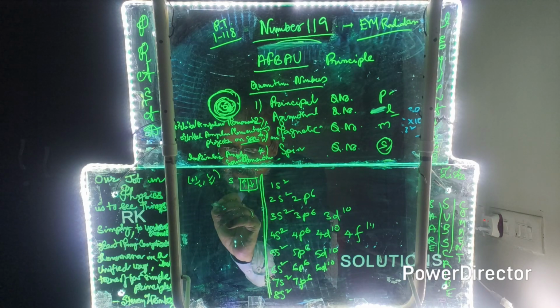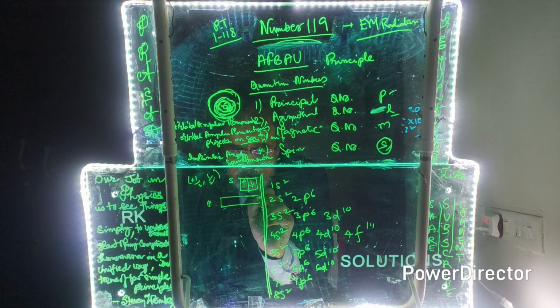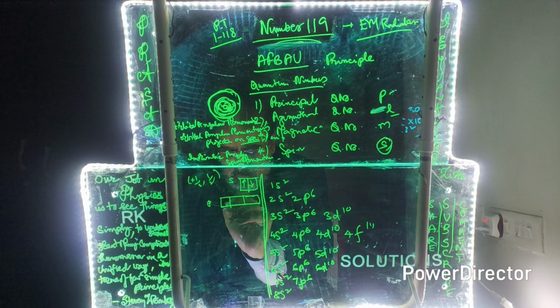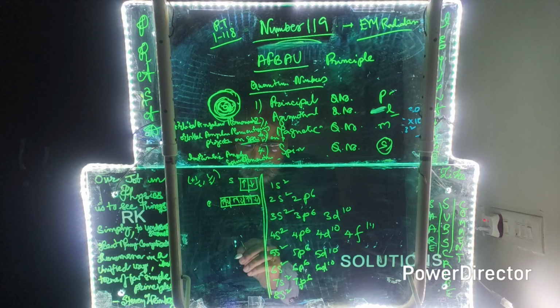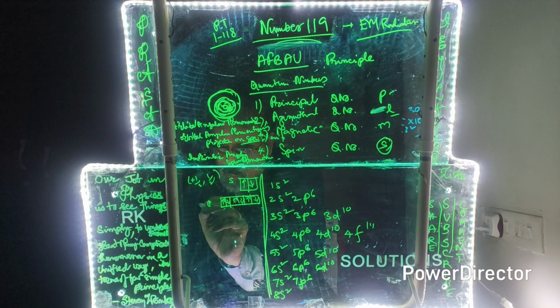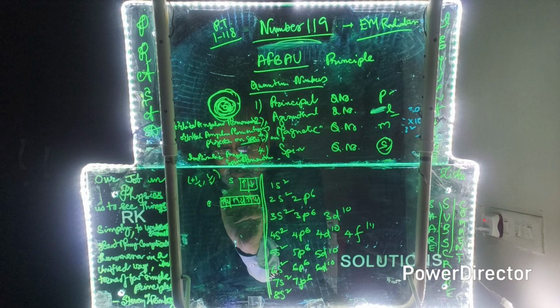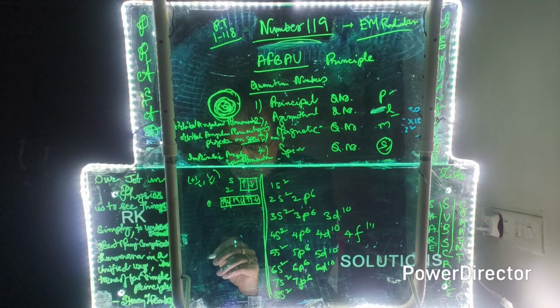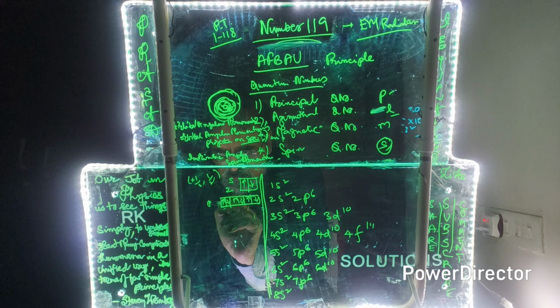Coming to p, this will be subdivided again. So up, down. This can house only two electrons, up and down, and this can house six electrons.